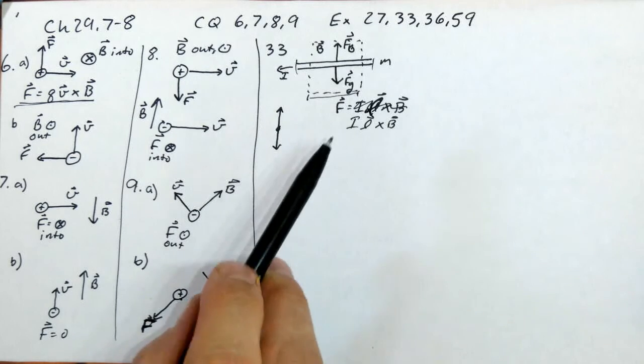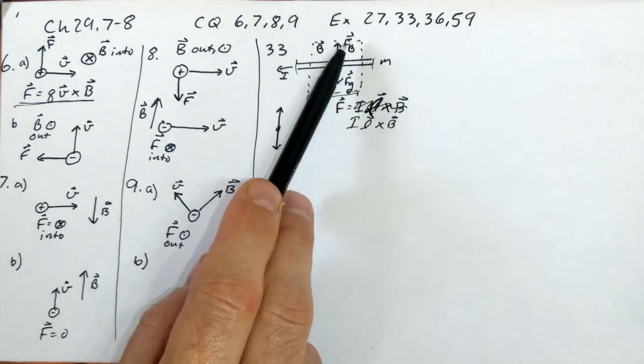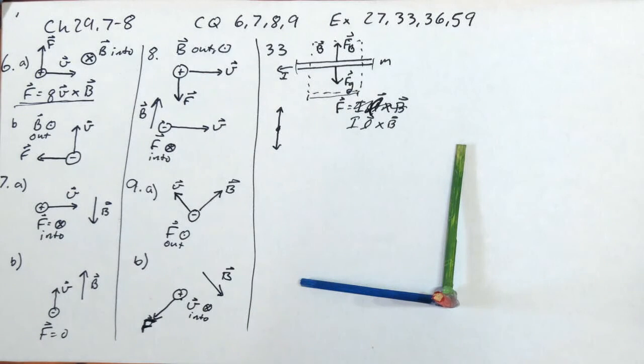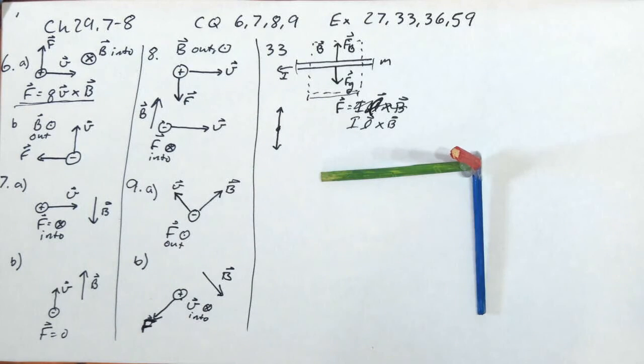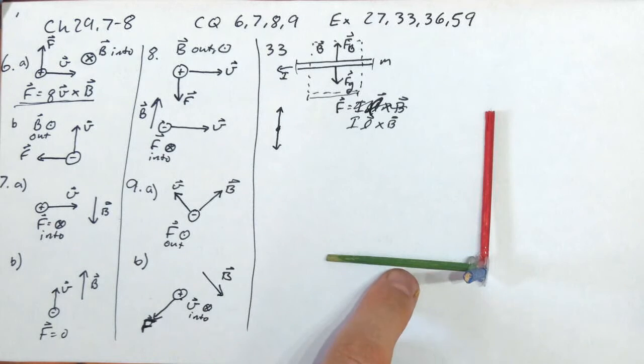Okay, so with that, how do we find the direction of the magnetic field that would cause that force on that current? Let's use our right-hand rule here. This time, our green is the direction of the current, which is the same as the velocity for a charged particle. Okay, so current's flowing to the left. I want the force to be that way, which means the magnetic field needs to be out of the page.